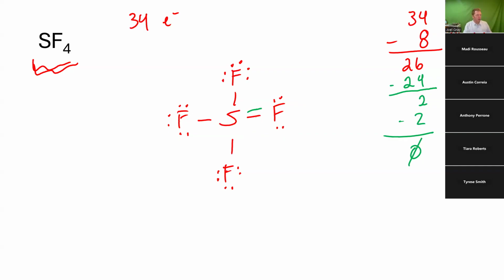What I always do is start in one location and mark it off as I count up my electrons. 2, 4, 6, 8, 10, 12, 14, 16, 18, 20, 22, 24, 26, 28, 30, 32. Ooh. Now I just made electrons disappear.